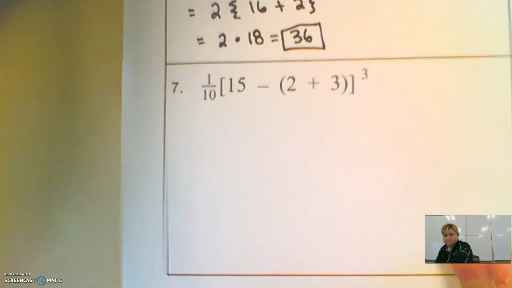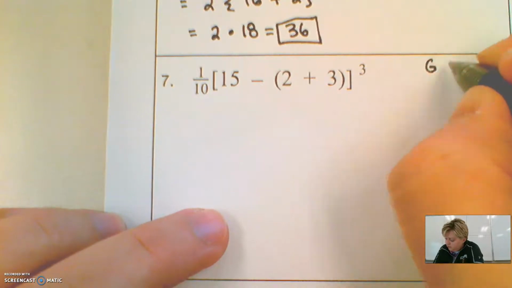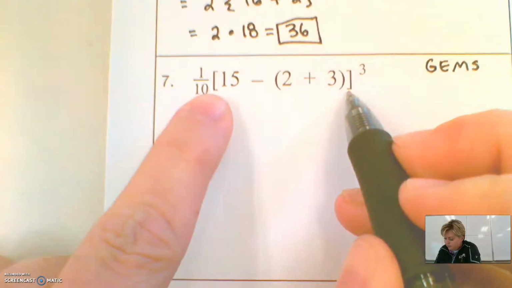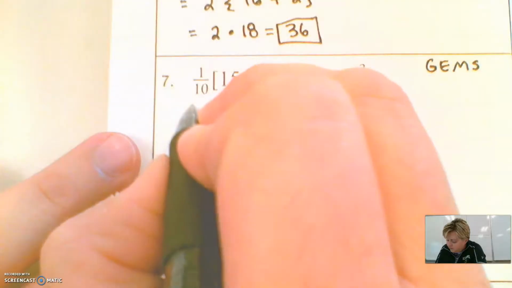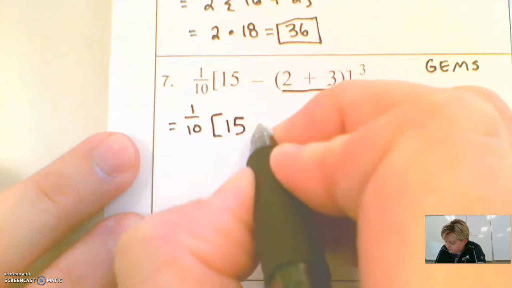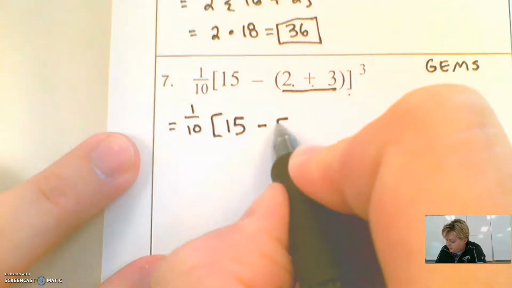Number 7. GEMS. Grouping symbols first. More than one, so work your way to the inside. Everything else comes down. 2 plus 3 is 5.